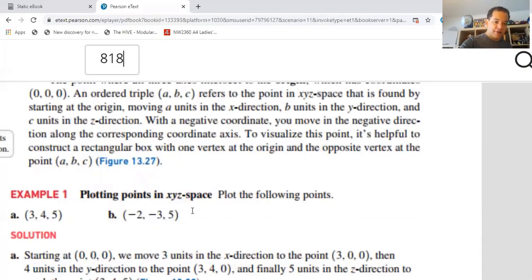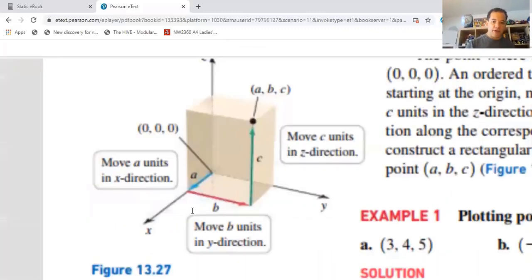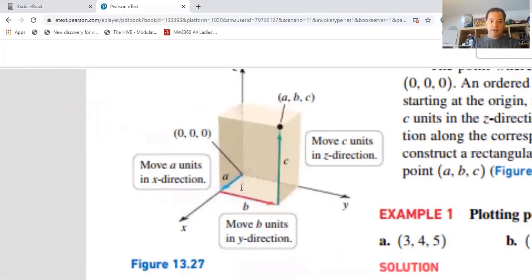Okay, so here's a little example. This diagram is actually how you figure out where to plot a point in three-dimensional space. So if you have the point with coordinates A, comma B, comma C, you want to start from the origin, and then you're going to move A units. If the number A is positive, you're going A units in the positive direction. So you go from here to here, right?